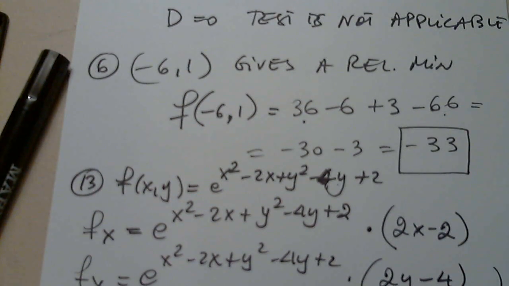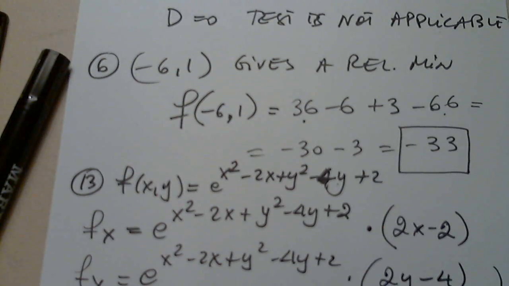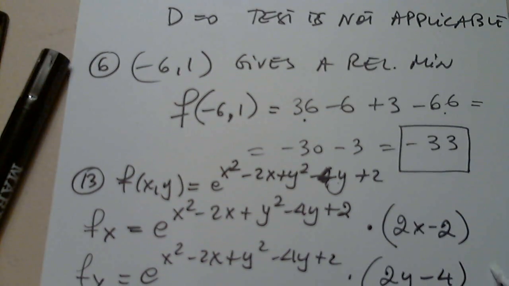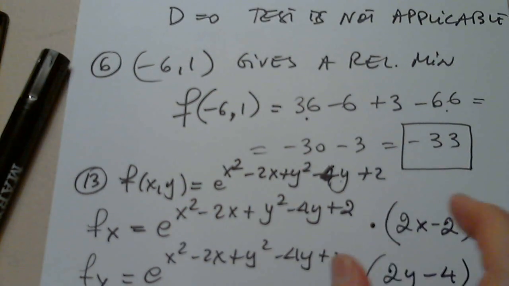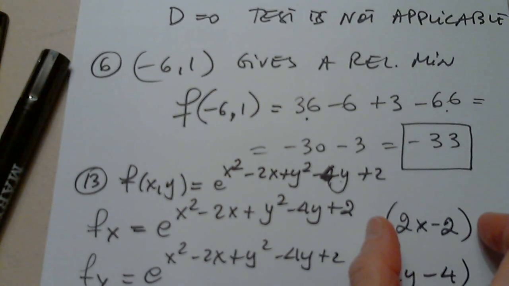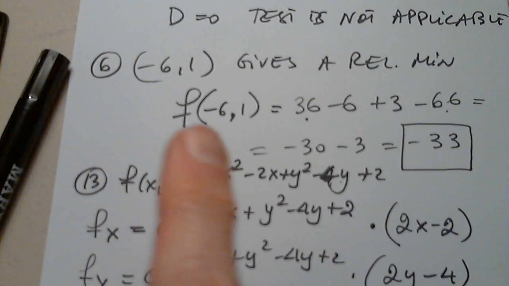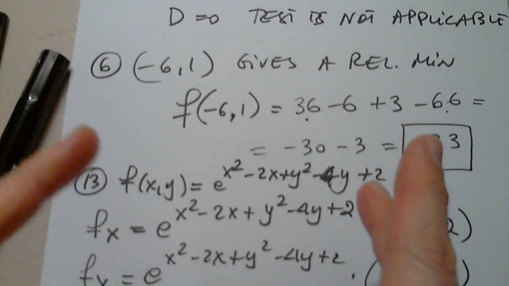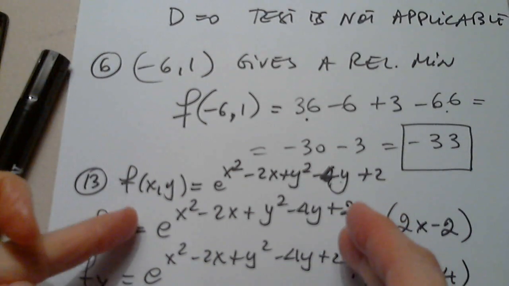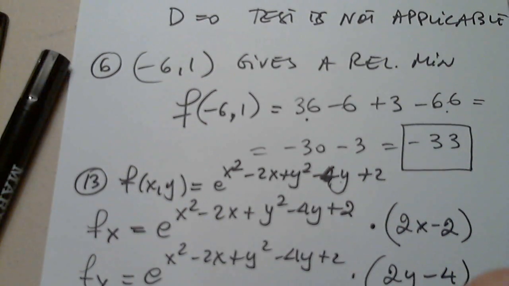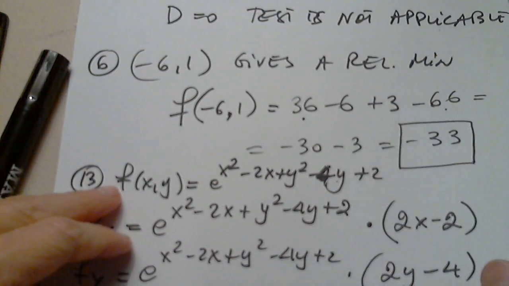Perfect. Excellent. Good. Now we have to find fxx, which is a little bit more difficult because now we have a product to worry about. Careful now. So now we have this times this. So when we find fxx, we have to use the product rule. This function prime times this plus this times this function prime. And the same thing for fy.